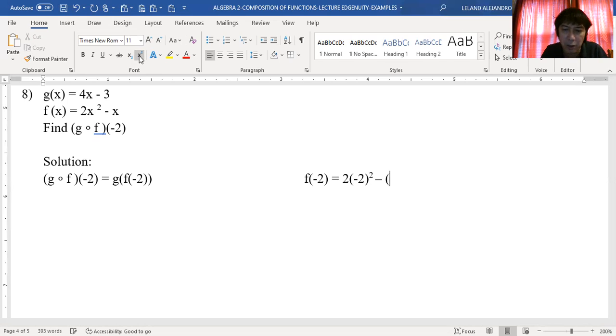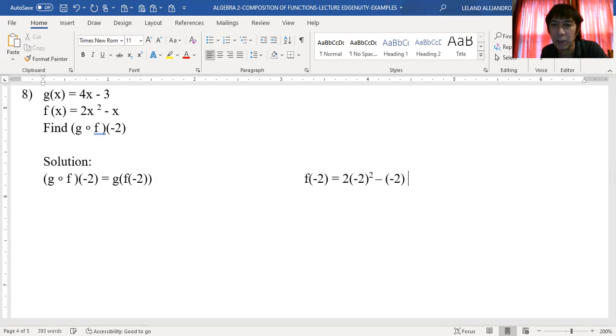So minus -2. If ever the x becomes a number, that number will be seen in place of all x in the equation.